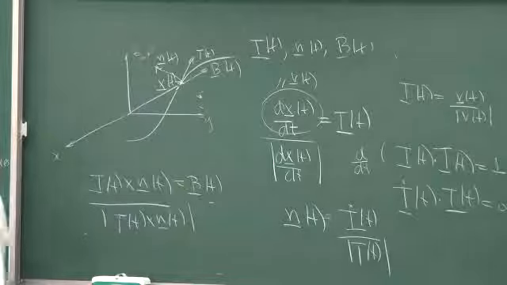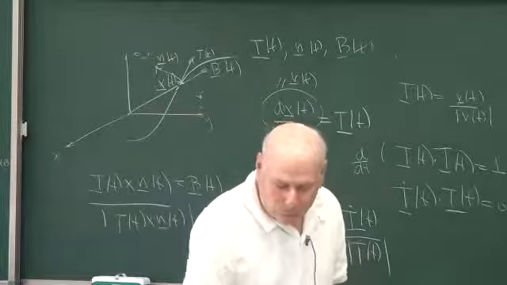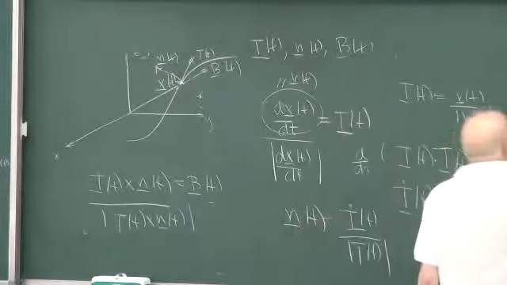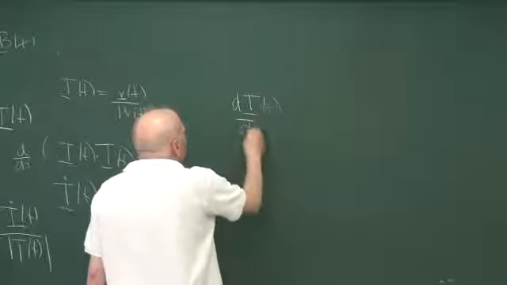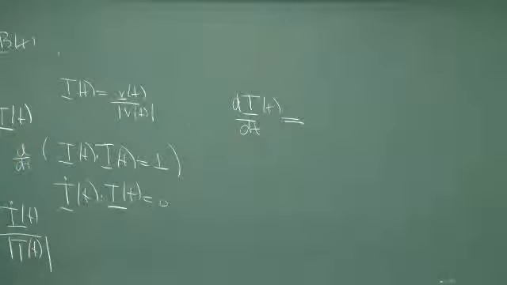Okay, now it's the exercise which we give to the students, but let's do the first part we already did. What's the time derivative, or the t derivative, of the tangent? I did that the first day. The derivative of the tangent is in the normal direction. We just did that.